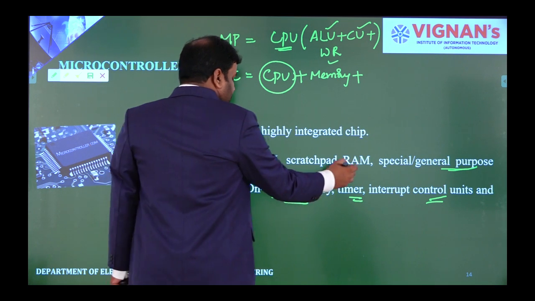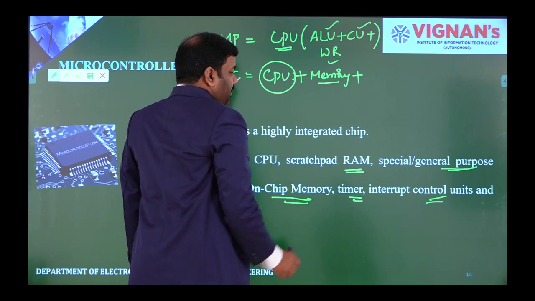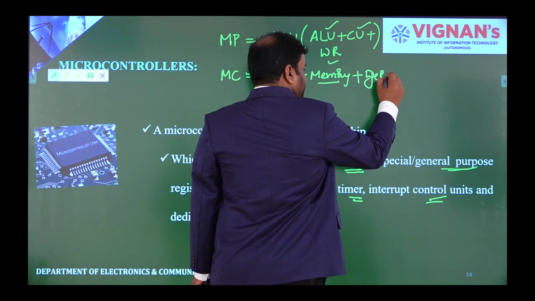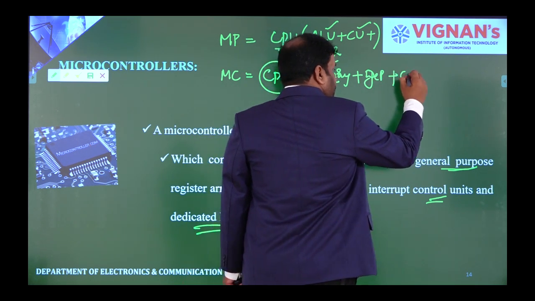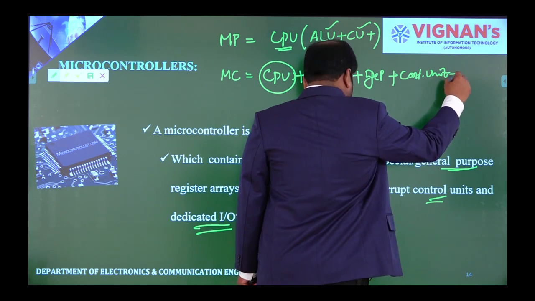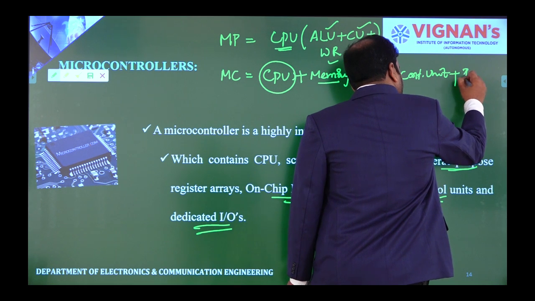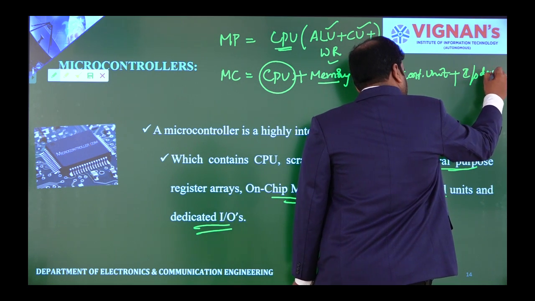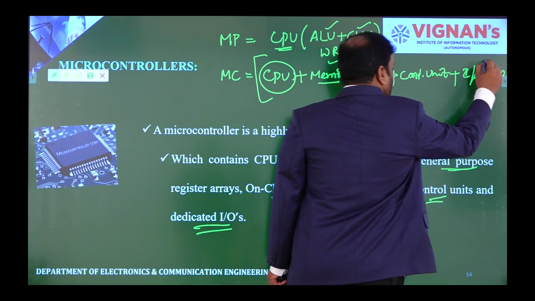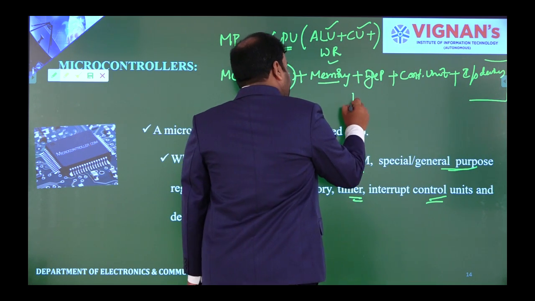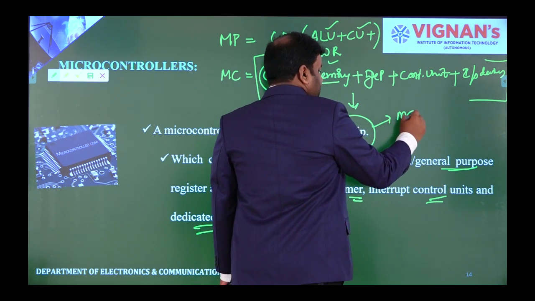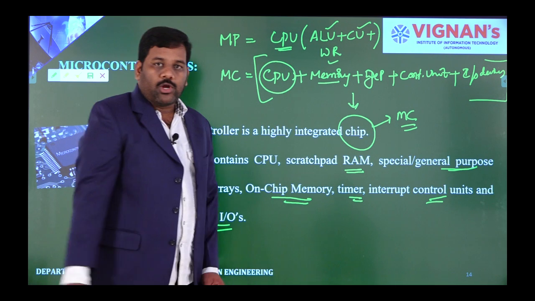So RAM is our memory, plus general purpose registers, plus control unit, plus all the I/O devices. When I integrate all the components in one single chip, I call it a microcontroller.